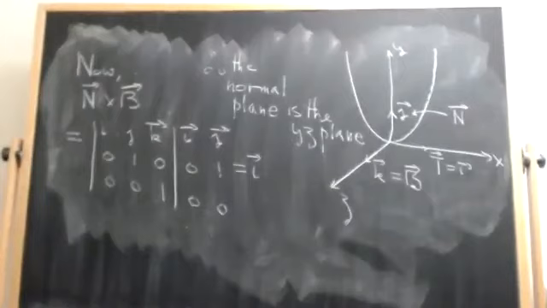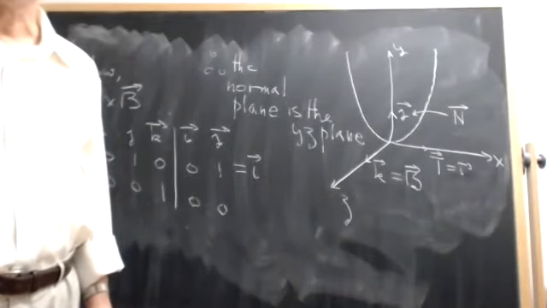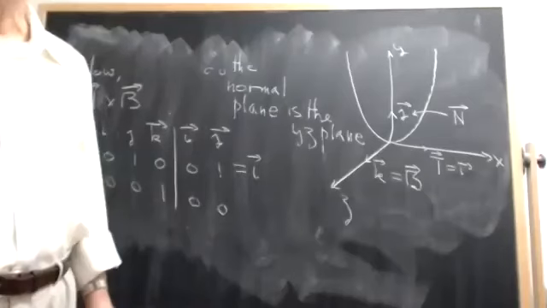Sir, can you explain why you took the cross product of the normal vector and the binormal vector? I think that's the definition that we defined last time. Okay, so that's in the definition from last time? Yeah. Okay.